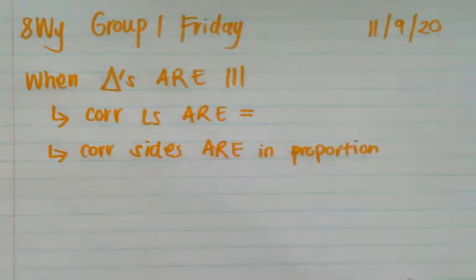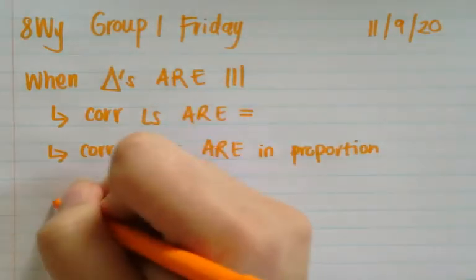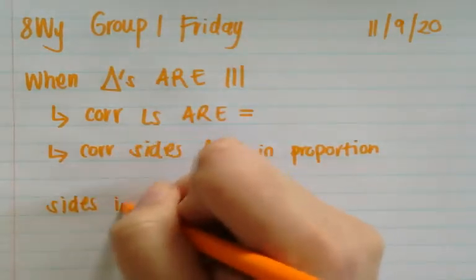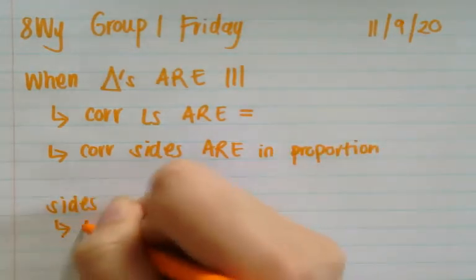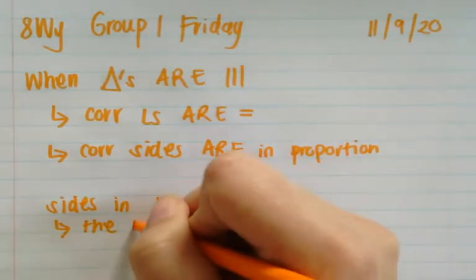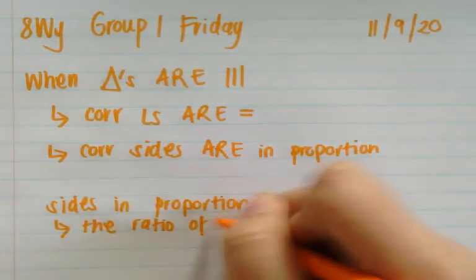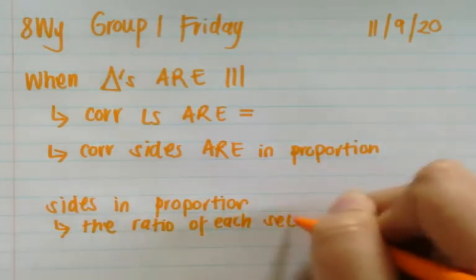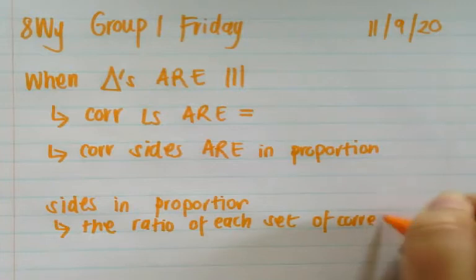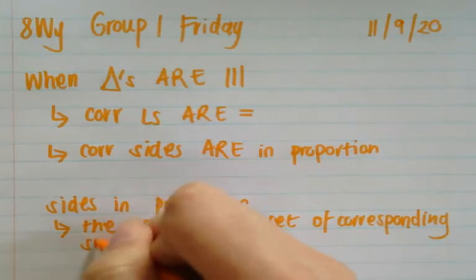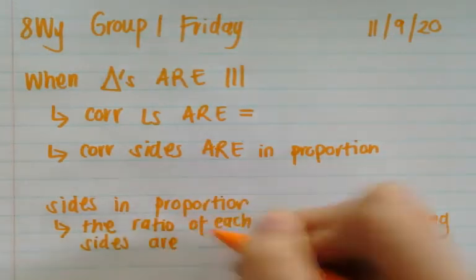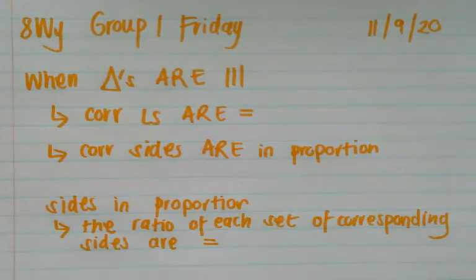That means that the fractions are equal to each other. When I talk about the ratio, I'm talking about that fraction. Each of those fractions will be equal.